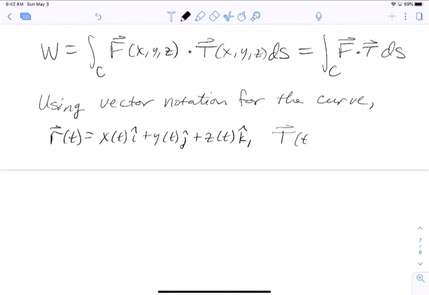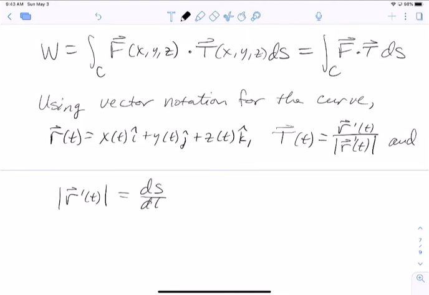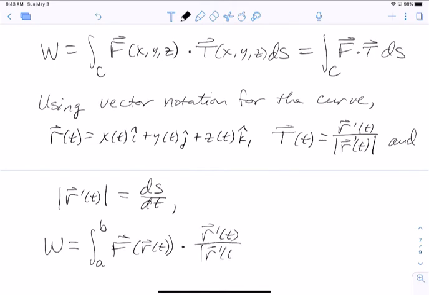Using that T of t is equal to r prime of t divided by its magnitude, and the fact that the magnitude of r prime of t is ds/dt, we get that this expression for work is equal to the integral from a to b of F of r of t dot r prime of t divided by its magnitude, times the magnitude of r prime of t dt.